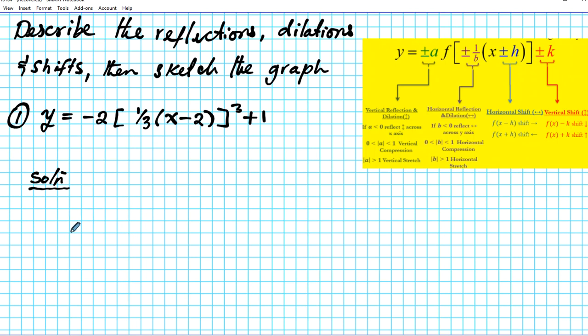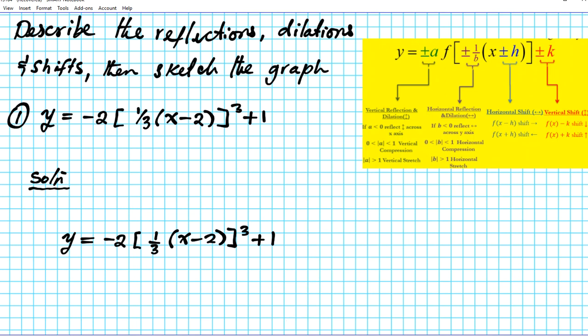Basically, set it up in a way where we can determine what the a, b, h, and k values are, and then we can know the exact transformations to apply.